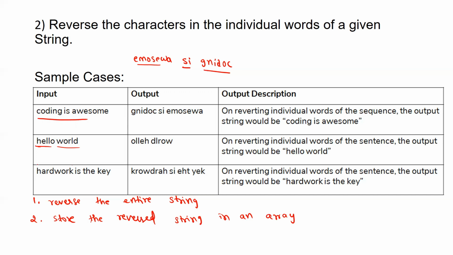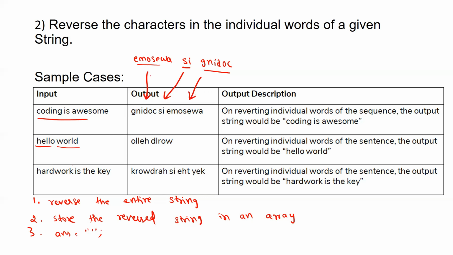After you store the reversed string in an array, the last thing you have to do is create an answer variable and initialize it to null, because initially you will have nothing. Now you should try to map what is happening. This is just the reverse of this.